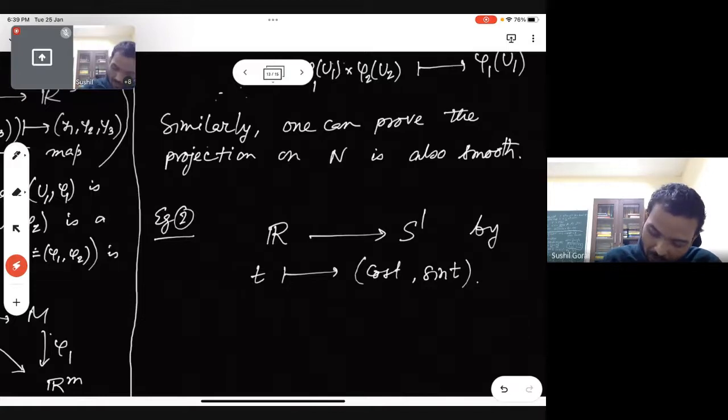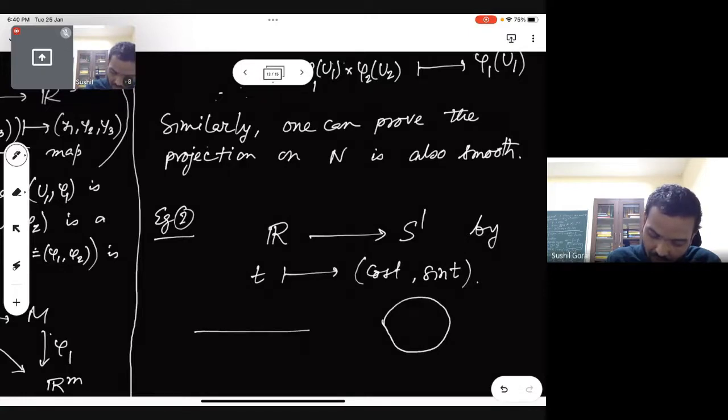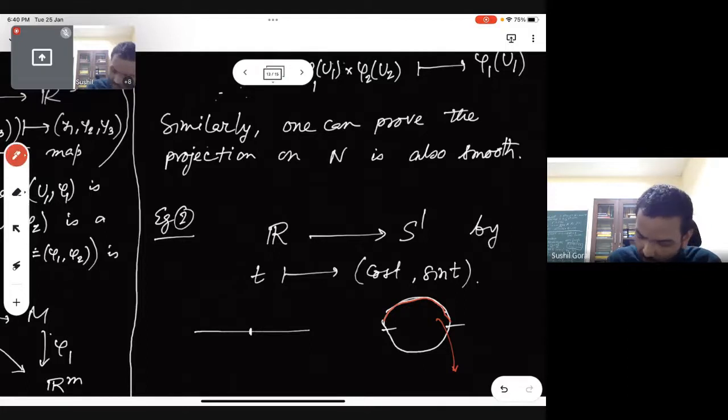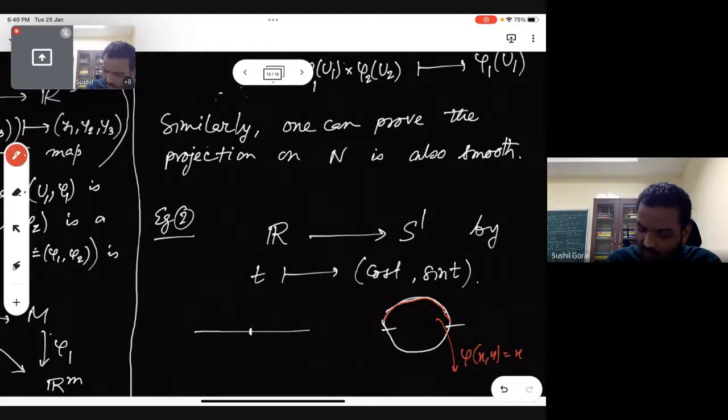But here, of course, as Harshit told, look at these charts. Fix a point here, and if it goes to the upper hemisphere, then this projection map will be phi of (x, y) equal to x, right?